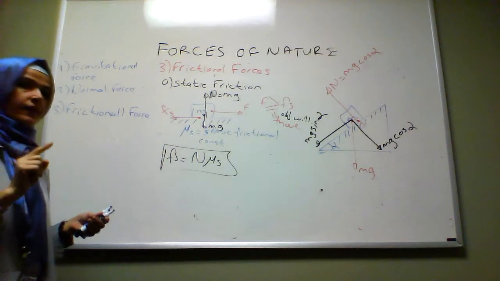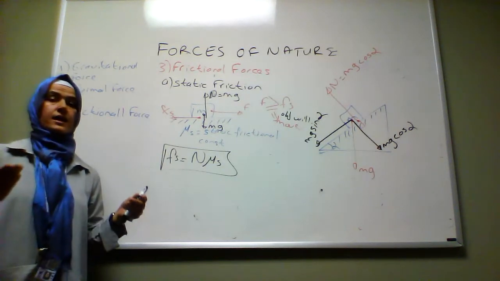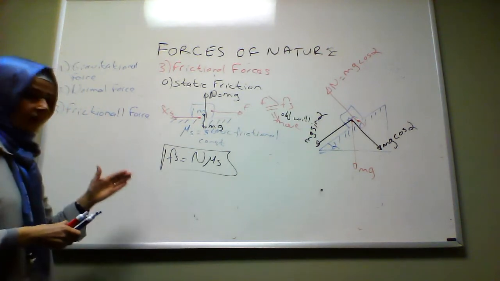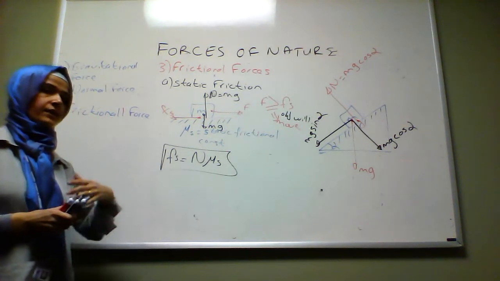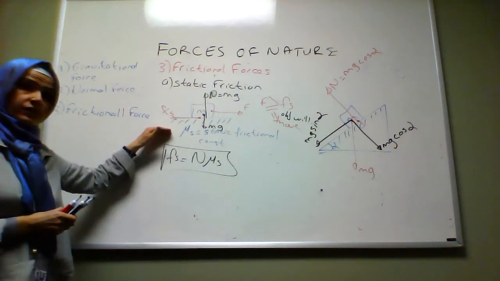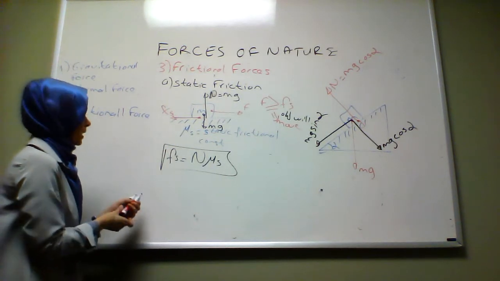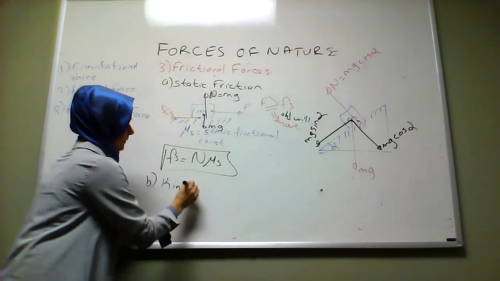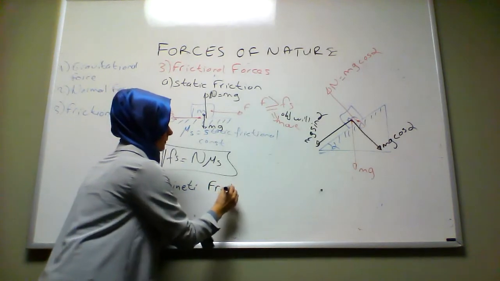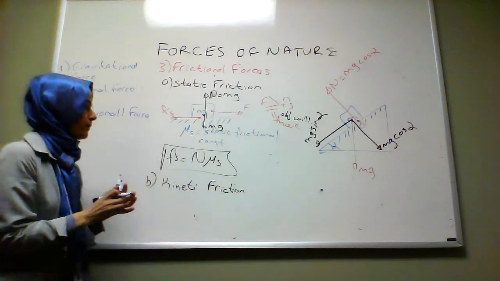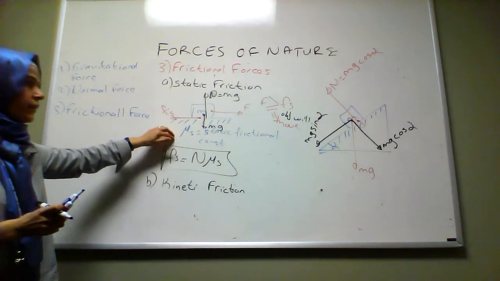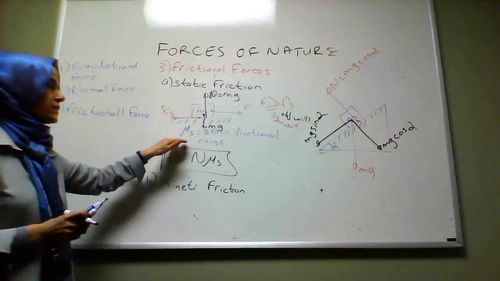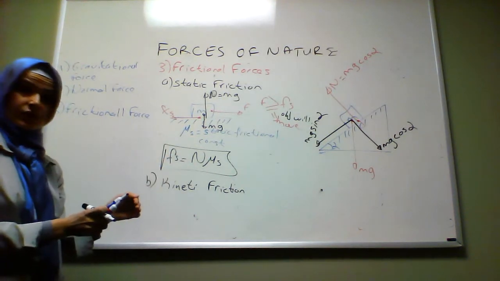Once the object starts moving, is there still friction there? Yes. Our work becomes easier because after the object starts moving, we have another force in effect, which is the kinetic frictional force. The difference is not much actually, but there is a difference. If the object is moving, the friction coefficient changes to the kinetic frictional coefficient, and it is generally smaller than the static one, so we will have a little bit less friction.